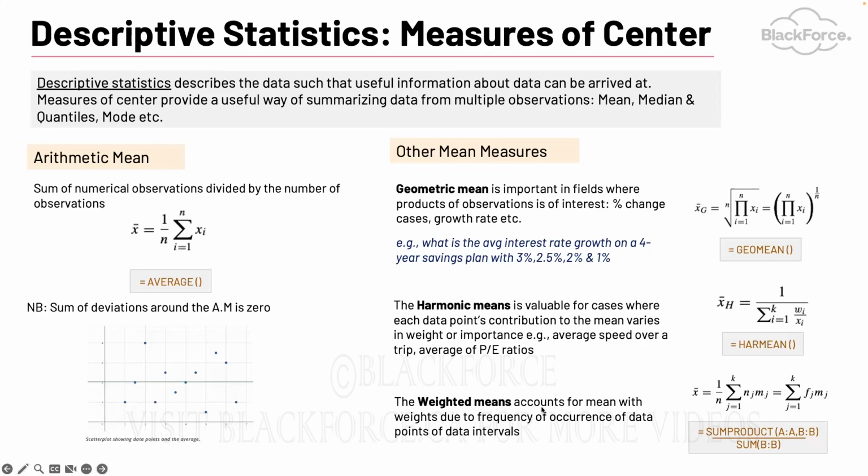Now, for the weighted mean, think about it this way. For the weighted mean, you're trying to find the mean of a certain variable, but each data point for which you're trying to get a mean has different importance. And the example I gave was, imagine you have, in a bank, 2 credit cards.